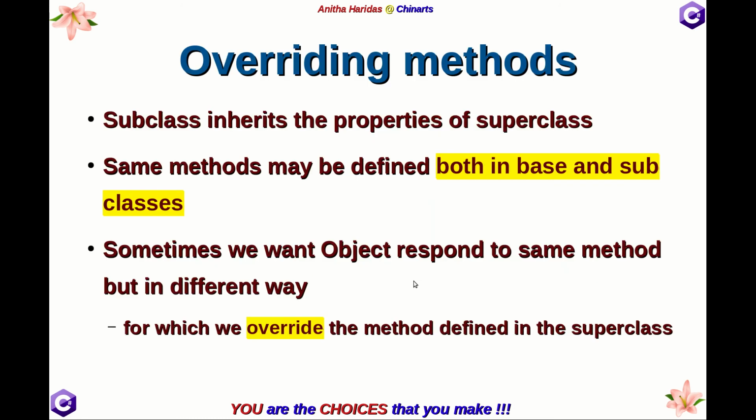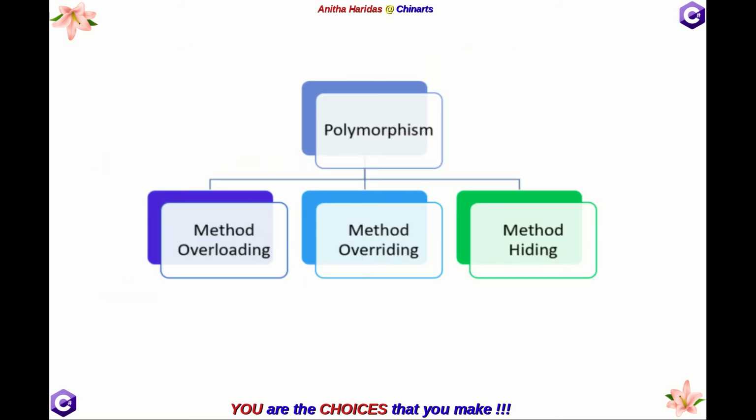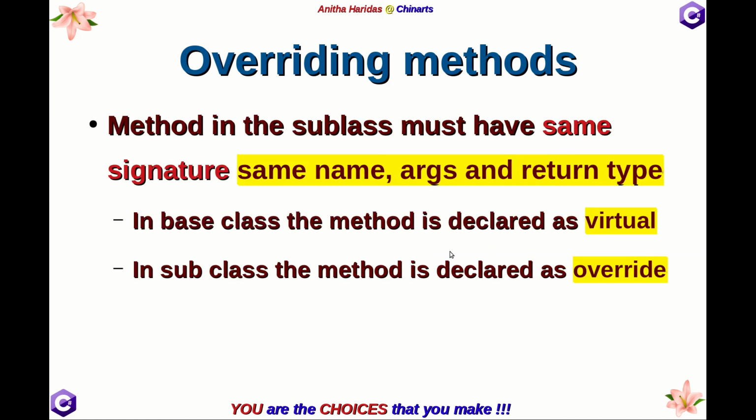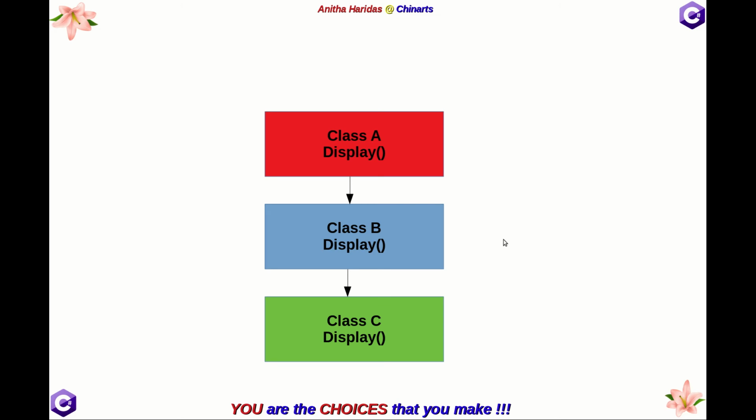We have seen what runtime polymorphism is. Runtime polymorphism is achieved using the overriding method, for which both the base class and subclass must have the same signature of a method. If you want to implement overriding, the base class method must have the virtual keyword and the derived class method must have the override keyword.